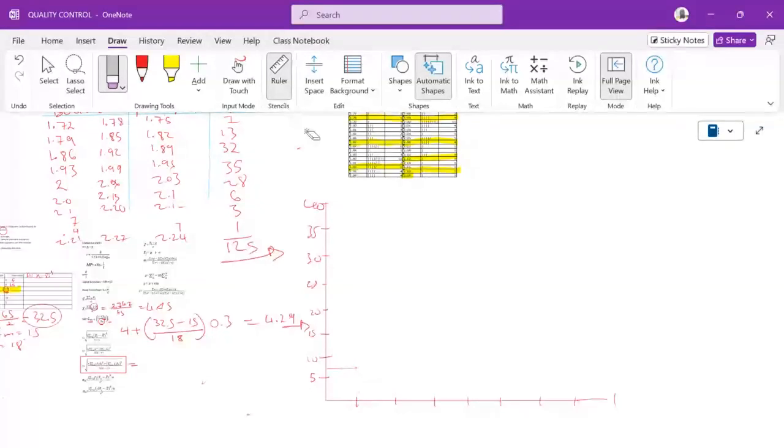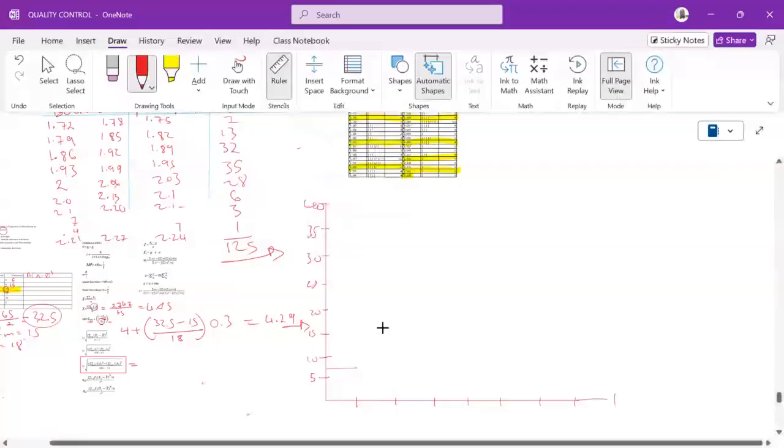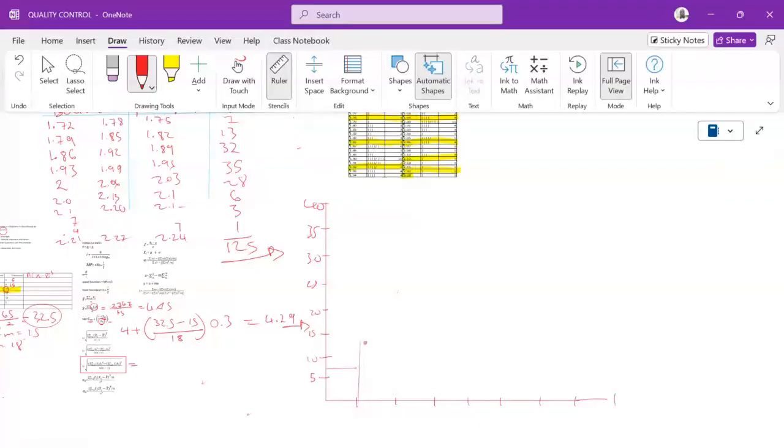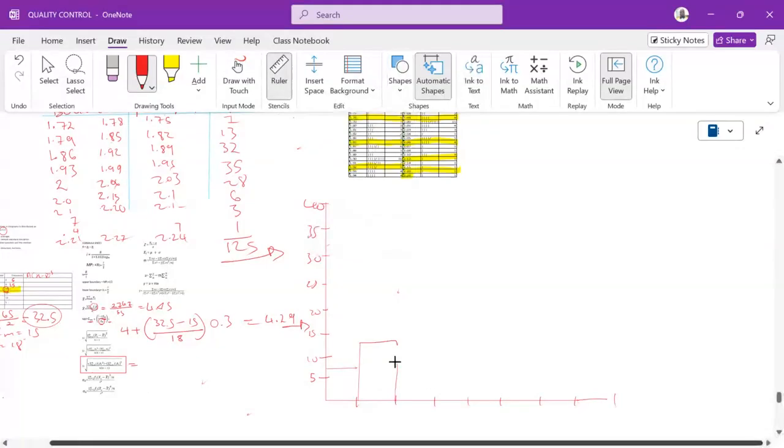Obviously, my writing is not as perfect as when you're using a ruler during a test. Okay, then that's your 13 there. Then from there you're going to 32, around about here. Okay, then from 32 you're going to 35.